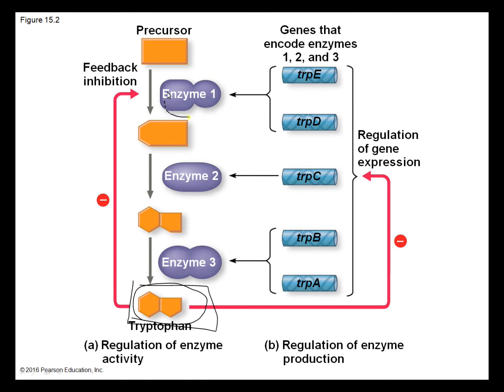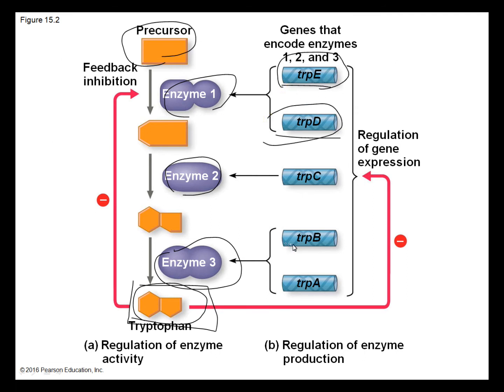We have three enzymes that catalyze the initial substrate. This initial substrate gets catalyzed by these three enzymes. These enzymes are multi-subunit enzymes composed of two different proteins encoded by two different genes: TRPE and TRPD for enzyme 1, TRPB and TRPA for enzyme 3.